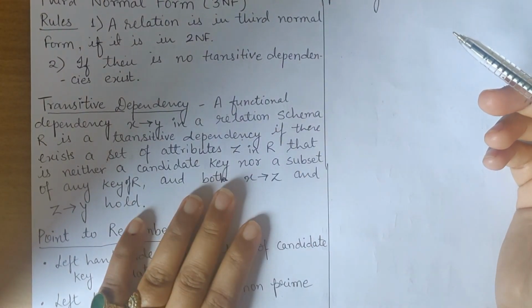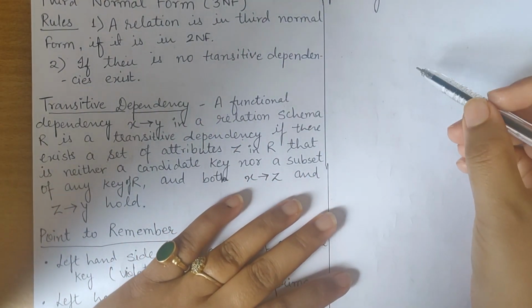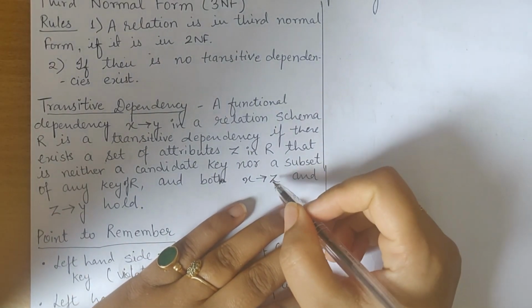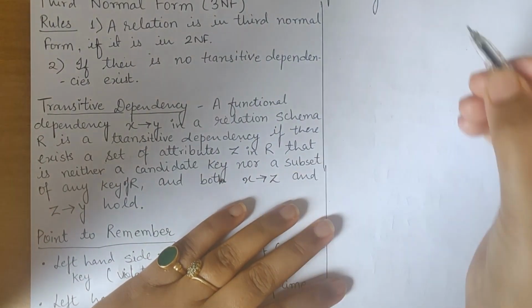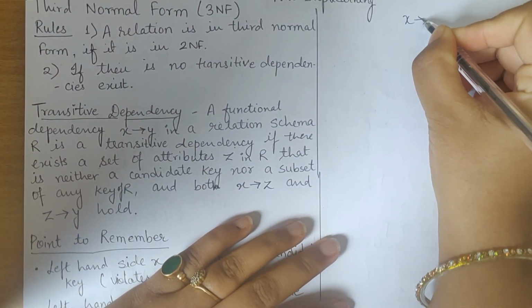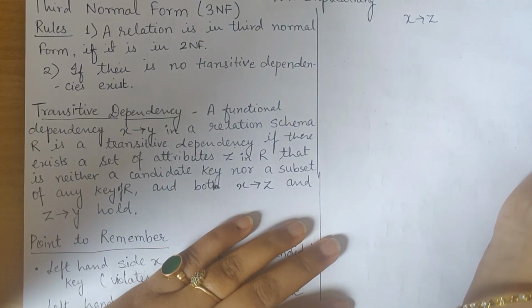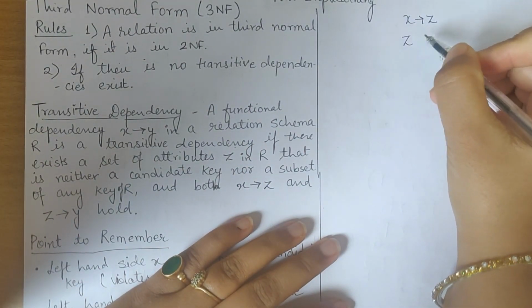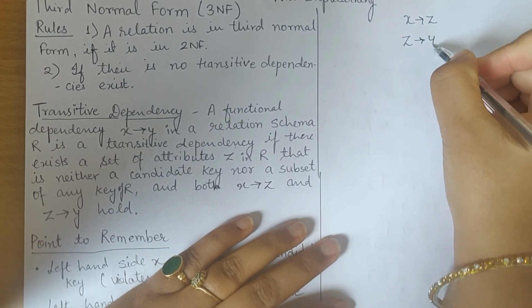So what does this basically mean? If we have a functional dependency X determines Z, and one more functional dependency, Z determines Y.